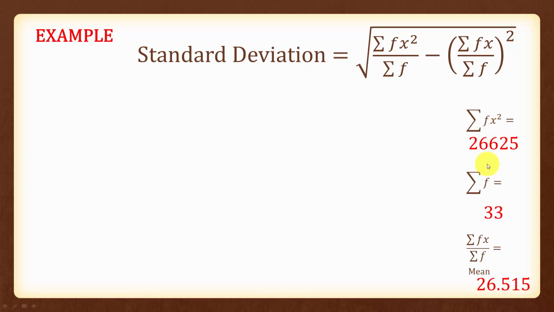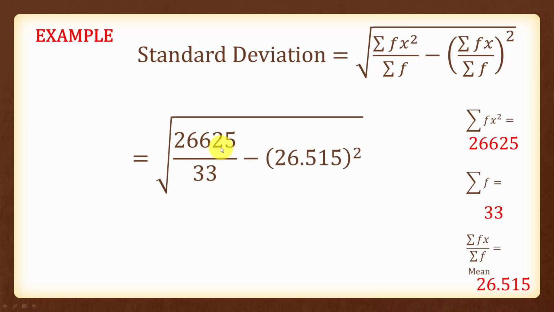Now that we have all this data, we can substitute them into the formula, and we'll have the square root of 26,625 over 33 minus the mean, which is 26.515, squared. Pressing the calculator, we'll have the standard deviation to be 10.2 marks rounded off to 3 significant figures. It is necessary to put the units for standard deviation.